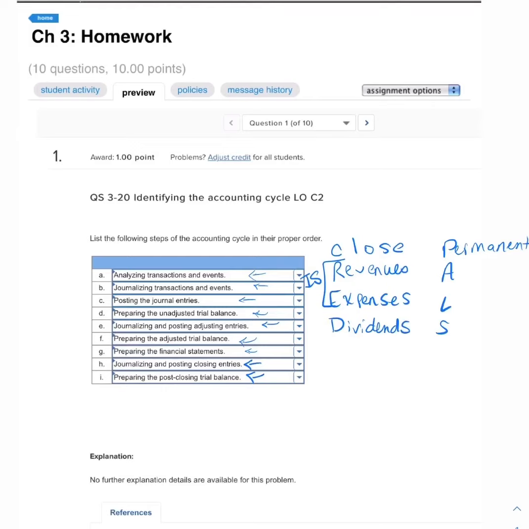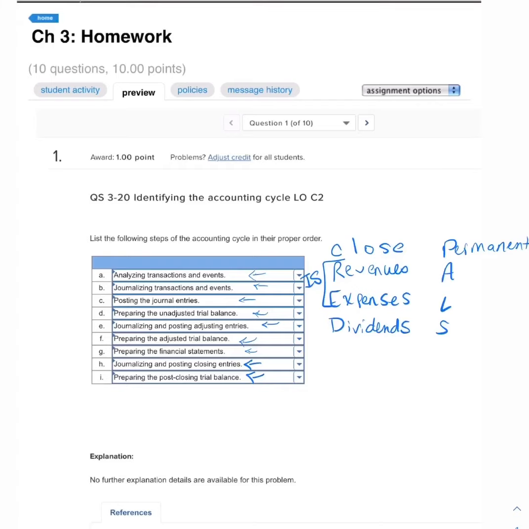Now, quick question for you. Are dividends found on the income statement? If you recall from previous chapters, what we said was dividends, in fact, are not found on the income statement. And you say, well, why not? They reduce equity the same way that an expense does. And you're almost right.